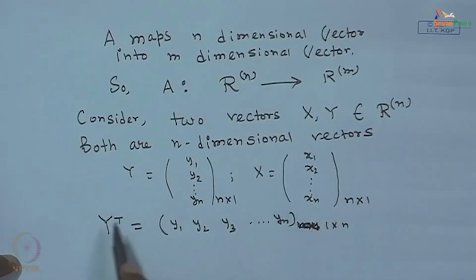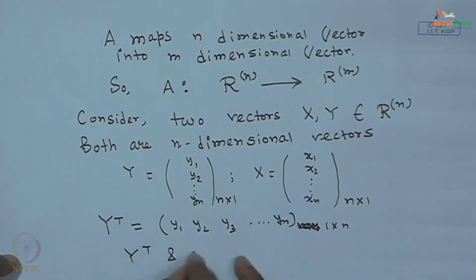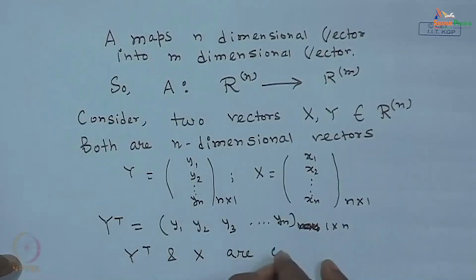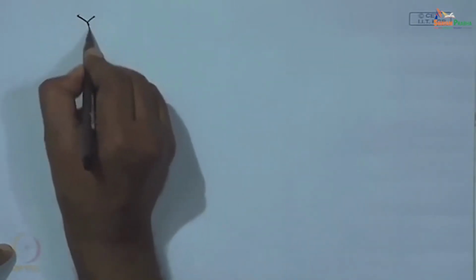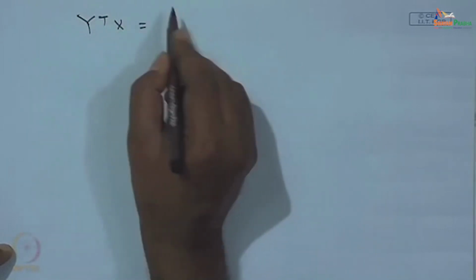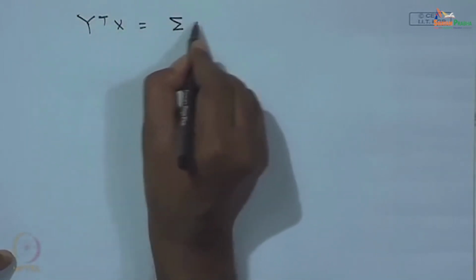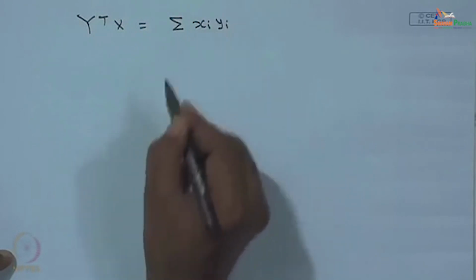So, y transpose and x are conformable, and matrix multiplication is allowed. So, if you multiply y transpose and x, then it becomes summation of xi yi.